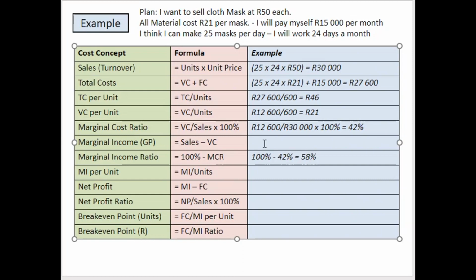Okay, good. Now let's do my marginal income. My marginal income is my sales of 30,000 minus my variable cost of 12,600.